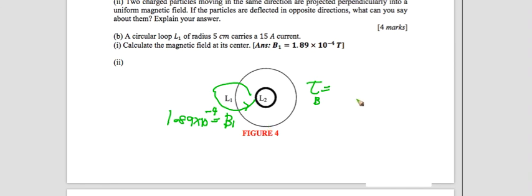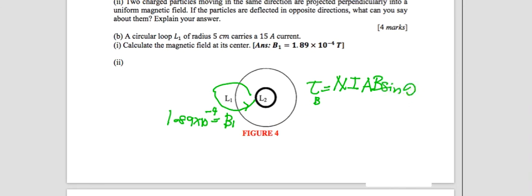So the torque is given by the equation: number of turns N times the current flowing in L2, times the area A of loop 2, times the magnetic field B times sine theta, right?